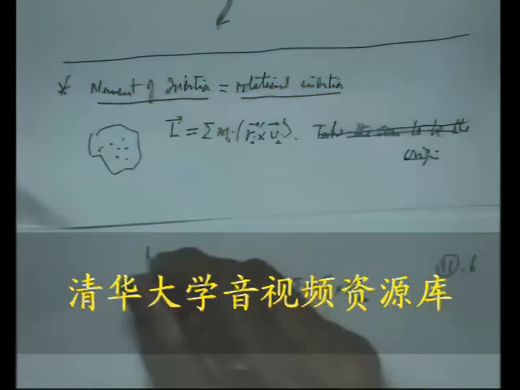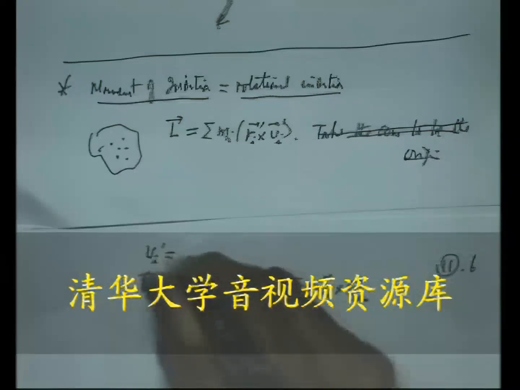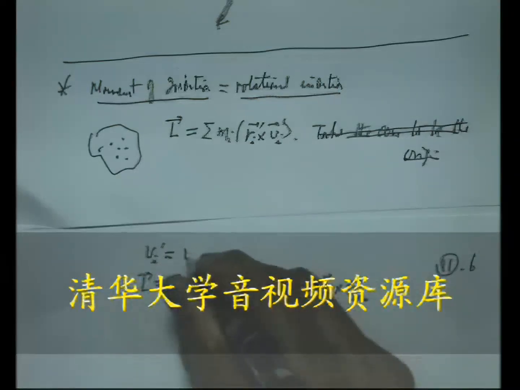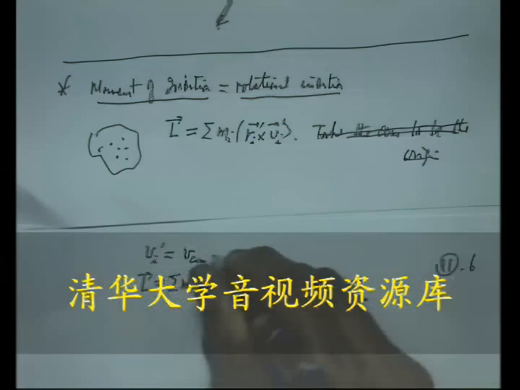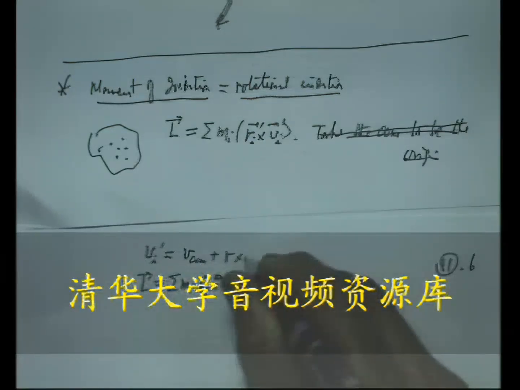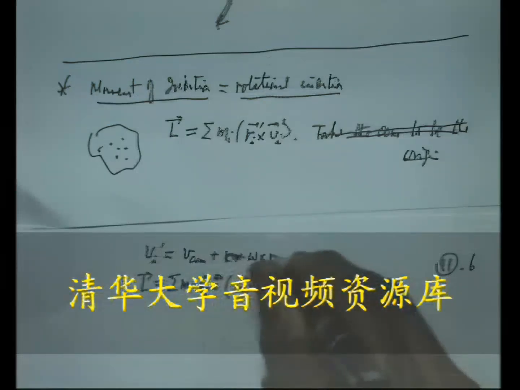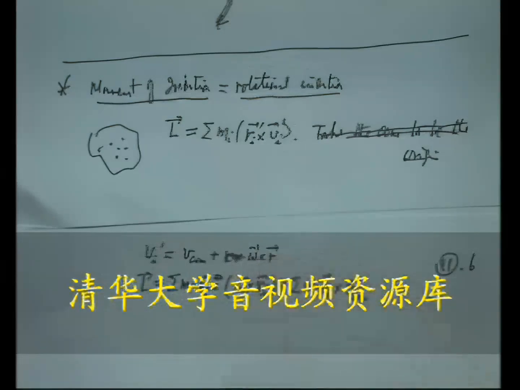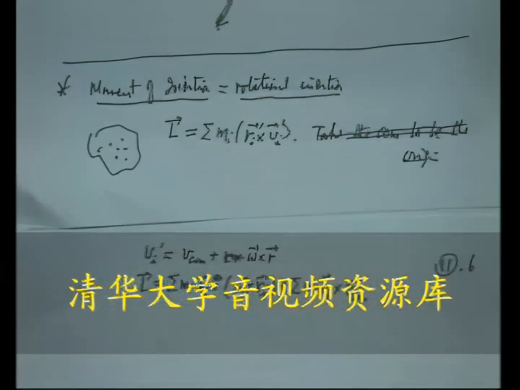We have Vi prime equal to V center of mass plus omega cross R, where R is relative to the center of mass.